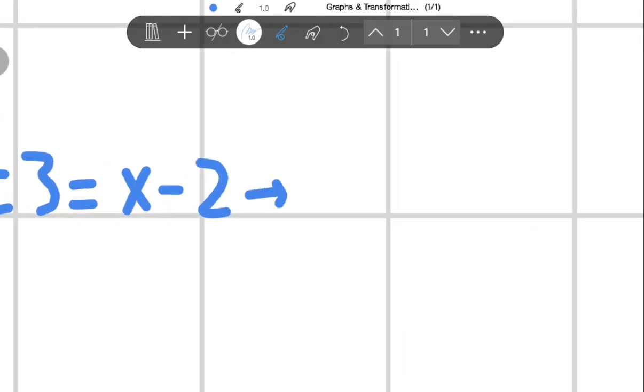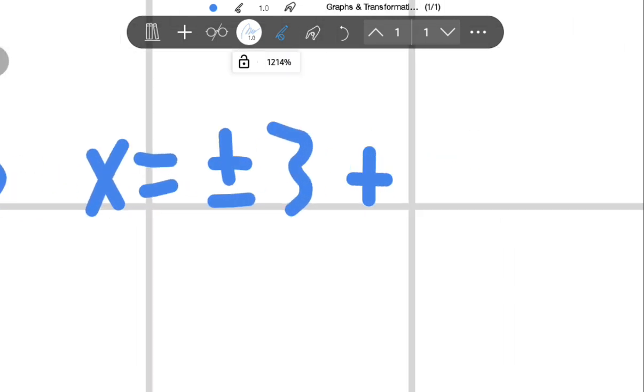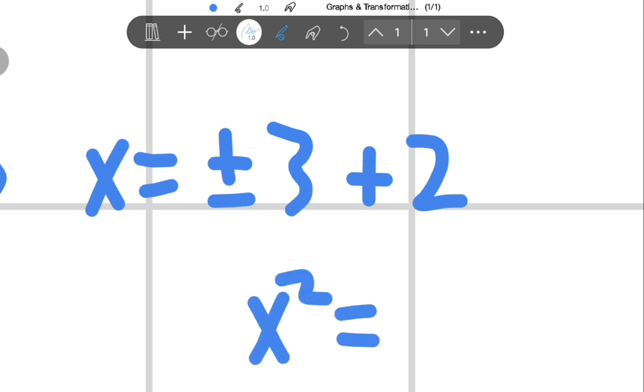So the new x terms could either be plus or minus 3 plus 2. So it could either be negative 1 or 5. That's the simple proof of it, where we looked at the original function of x squared equals 9.